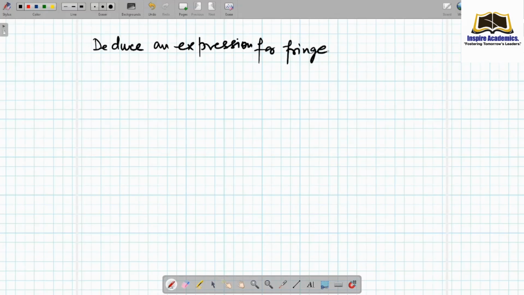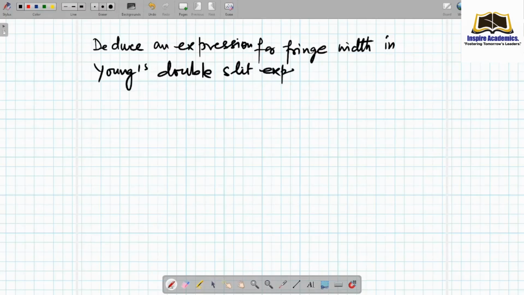What we are talking about here is that possibly you can deduce an expression for fringe width in Young's double slit experiment.